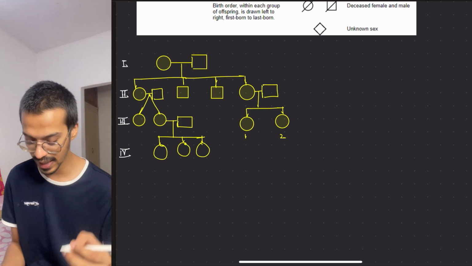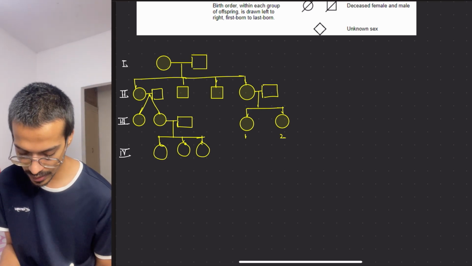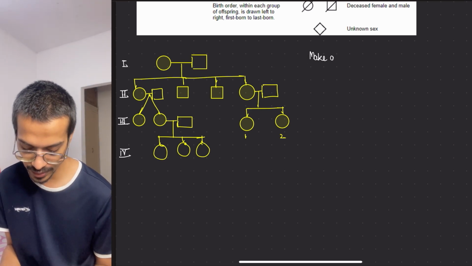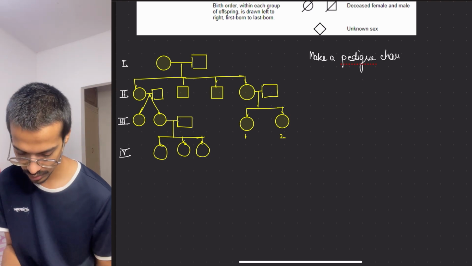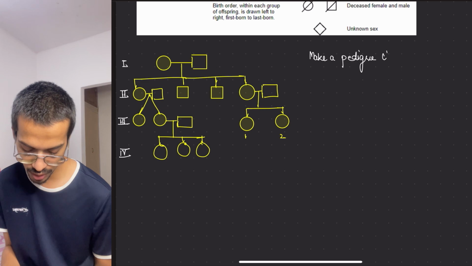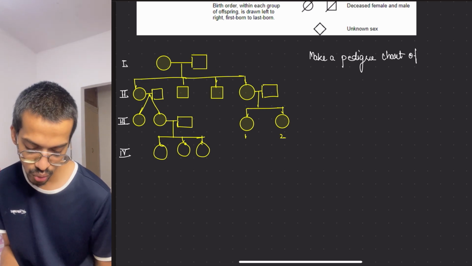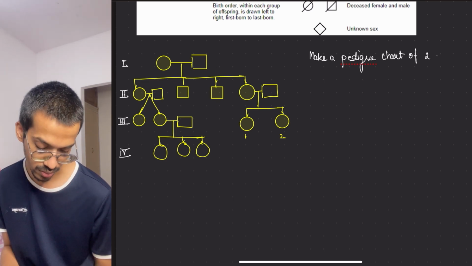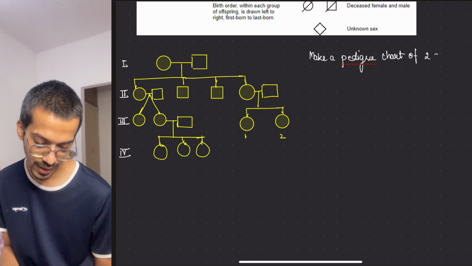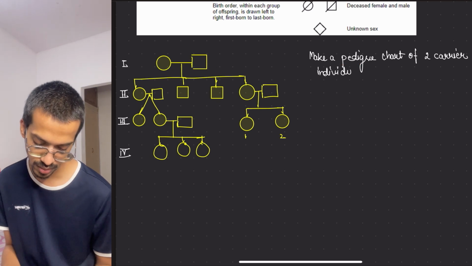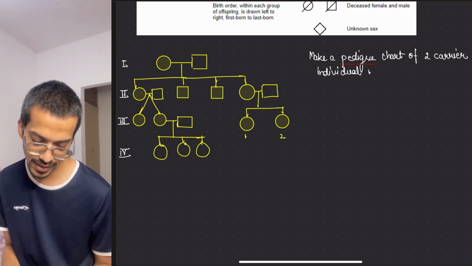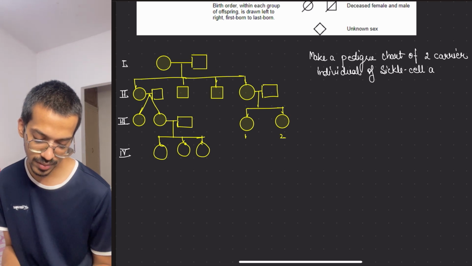So make a pedigree chart of two carrier individuals of sickle cell anemia.